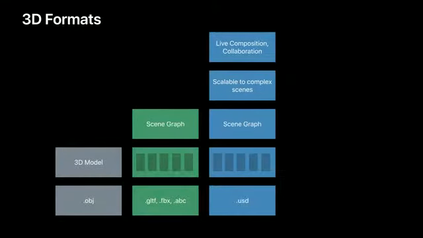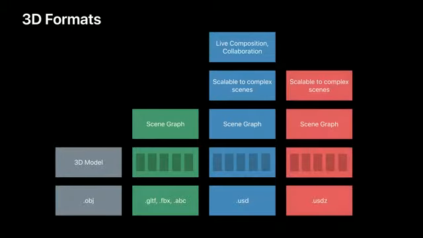USD supports all of this. But additionally, it was designed to be scalable. Pixar invented the format for its large movie scenes. And it also supports collaboration, which allows many artists to work together on a single scene without getting in each other's way. USDZ, as the archive package, inherits most of these features as well.